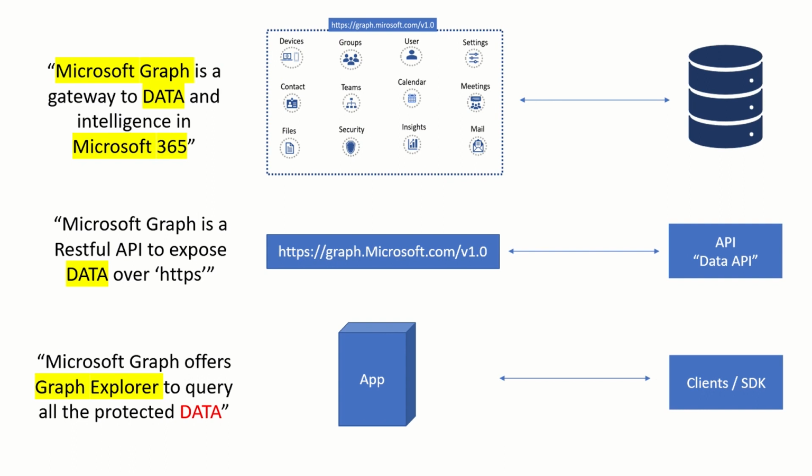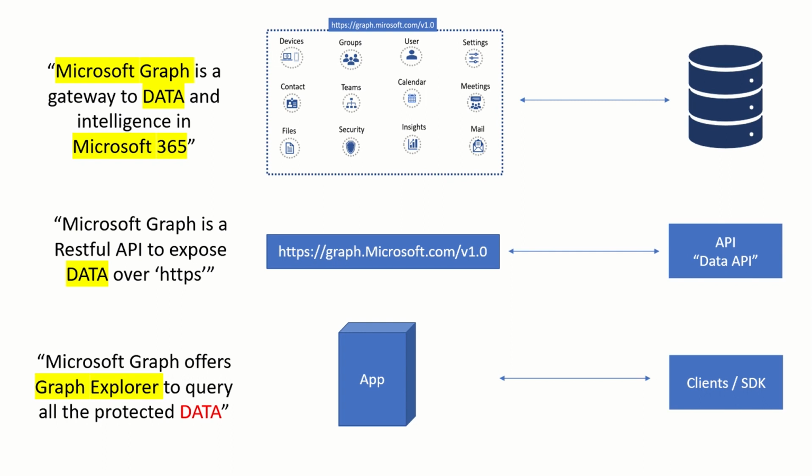But this is something which I will cover in a lot more detail. As of now, just keep this as a reference point: if you read somewhere graph.microsoft.com/v1.0, the first thought in your mind should be that it is a data API which I will use to access some sort of information that I will inject in my application.